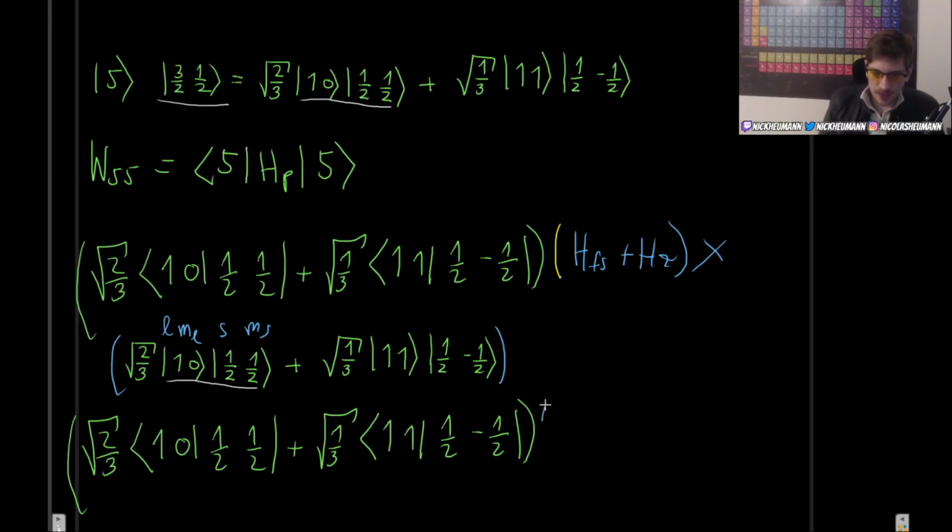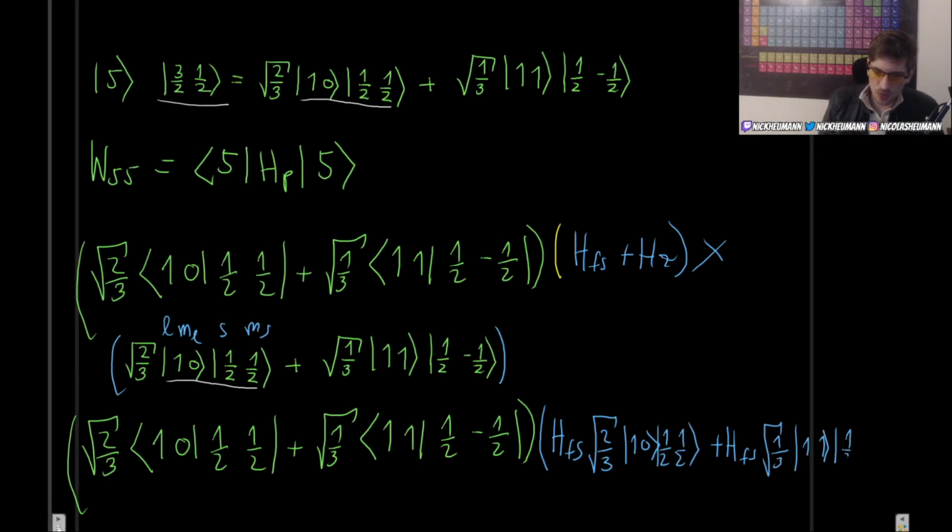So now we get the fine structure Hamiltonian times this first part: square root of 2/3, 1, 0, 1/2, 1/2. And then we get plus the fine structure Hamiltonian times the other one: square root of 1/3, 1, 1, 1/2, minus 1/2. I'm running out of space here, but I'm going to continue downstairs.